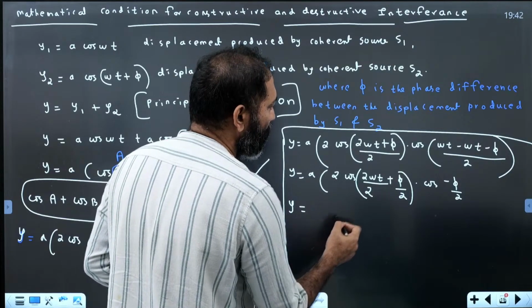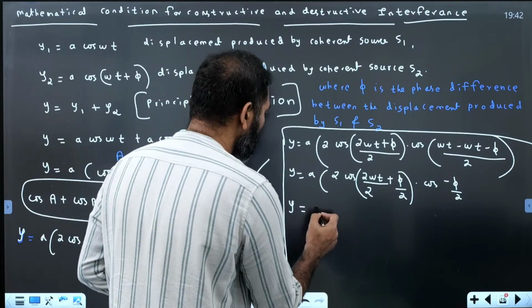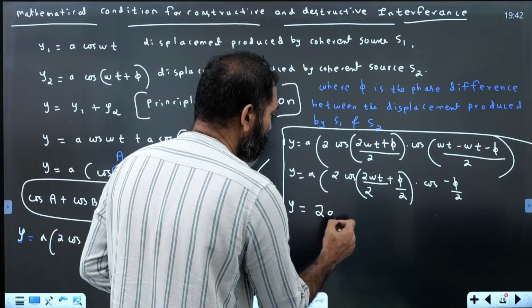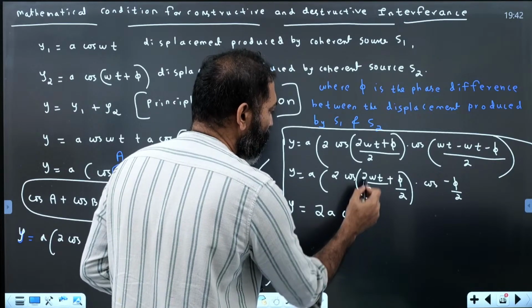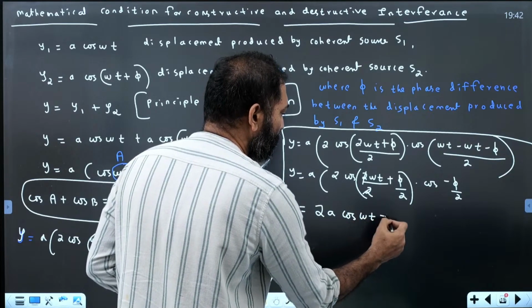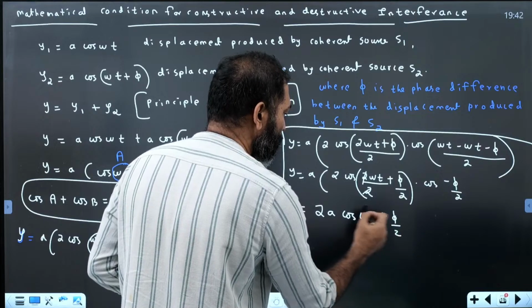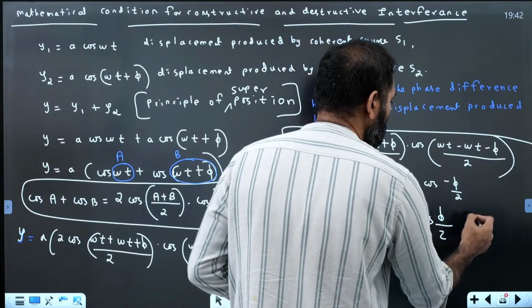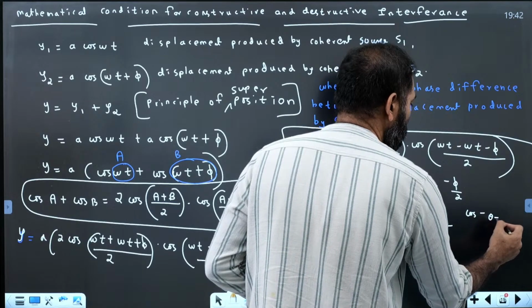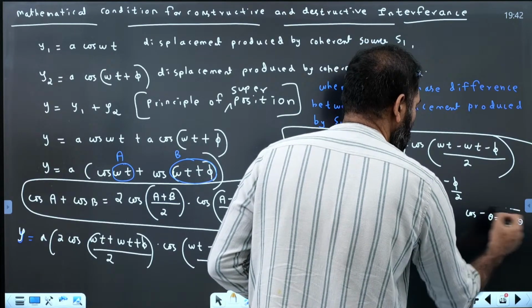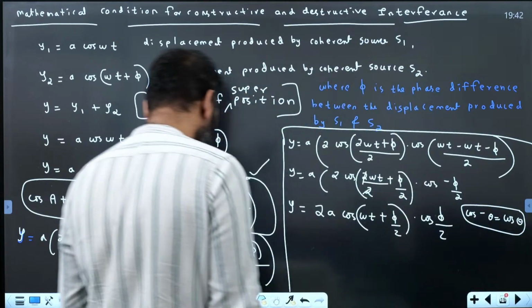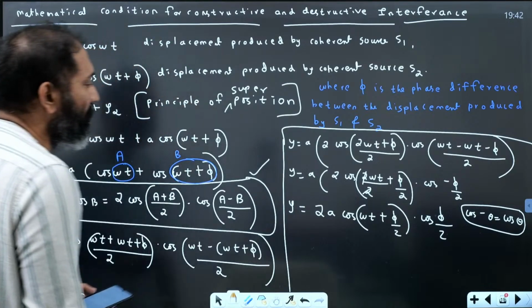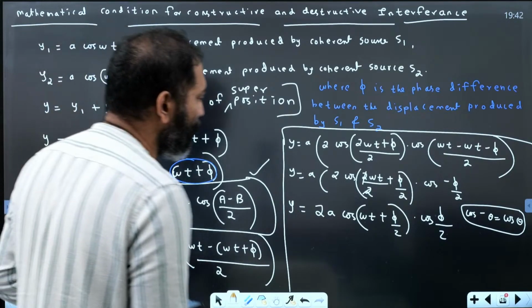So y is equal to, A is taken inside, 2A, this 2 gets cancelled, cos of omega t plus phi by 2 into cos phi by 2. Remember, cos minus theta is equal to cos theta. What is the equation we got? 2A cos of omega t plus phi by 2 into cos phi by 2.